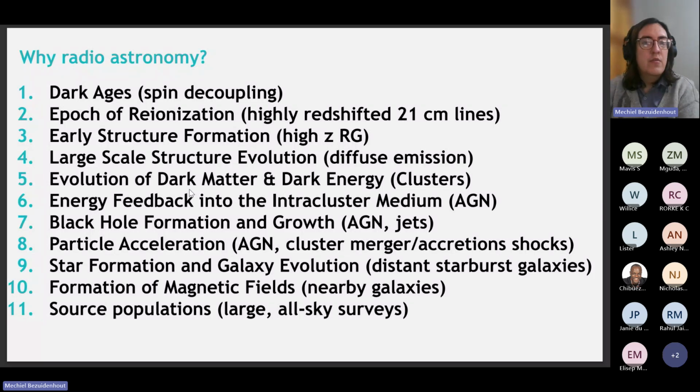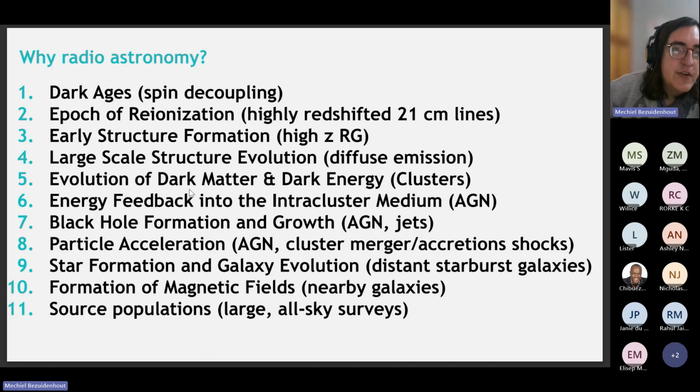Why radio astronomy? Here I'm listing a number of different hot topics that exist in science at the moment that radio astronomy can help with.